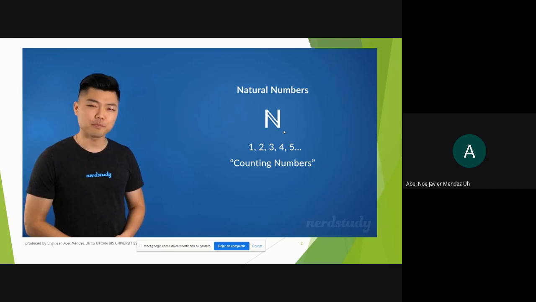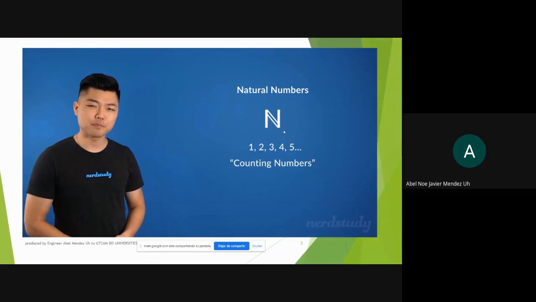First, the first classification is the natural numbers. They are denoted by the capital N, and are known as counting numbers.